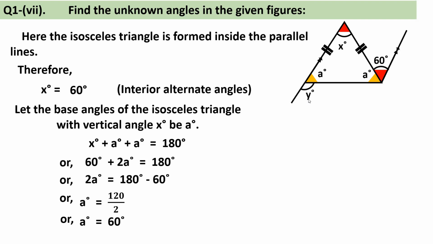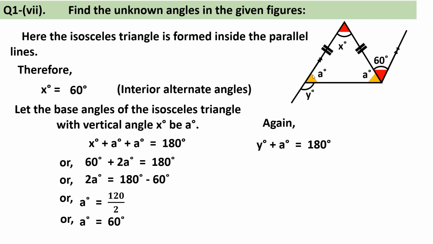Now from this particular relation we can find out this is the interior angle, this is the exterior angle on the same vertex. Or we can also say a and y are angles on the same straight line, so we'll use that property. Again we can say y plus a degree equals to 180 degree. Why? Because they are angles on the same straight line.